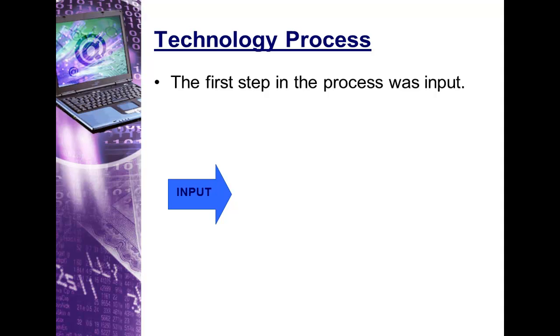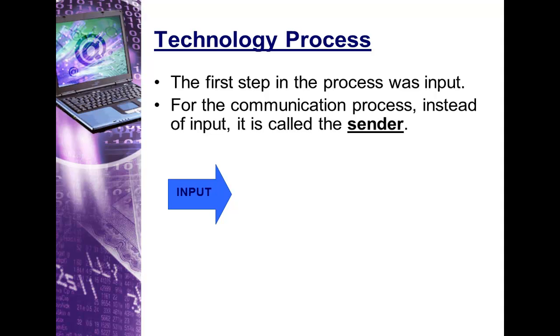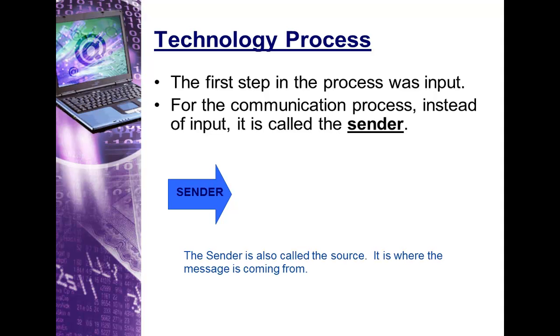When we're talking about communication process and relating that to the technology process, however, the input is called the sender or the source, and this is where the message is coming from. So the input going into the communication system is the sender. Now, all of the things that you need, the cell phone or the TV or whatever it might be, we just kind of lump that all together to make it simpler.